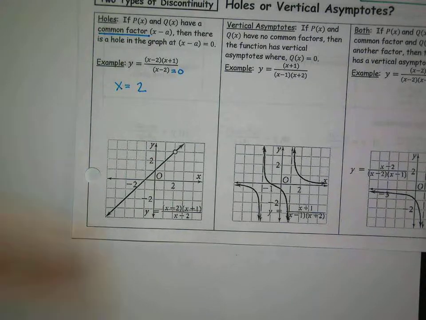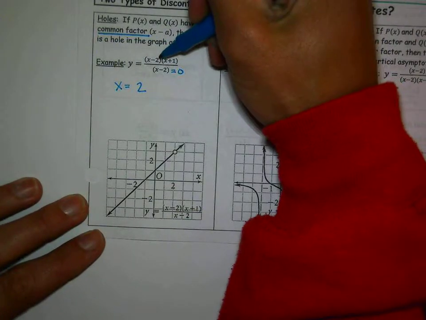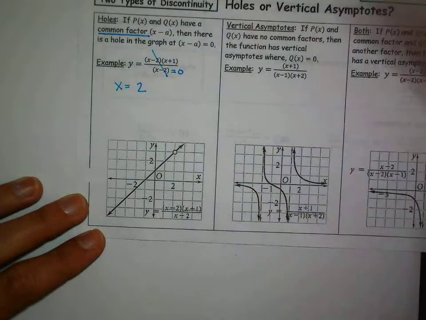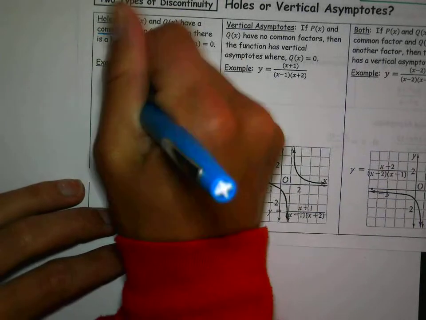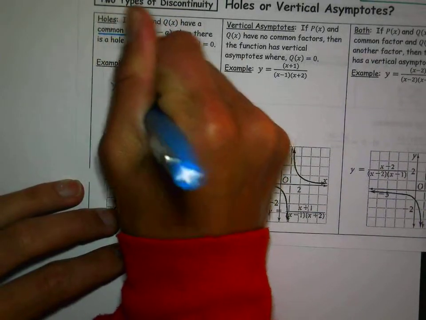So I'm going to look at the top and the bottom. Is there the same exact thing, same sign, same number on the top and the bottom? You see, x minus 2, x minus 2? It's the same thing. So if it's on the top and the bottom, it's a hole. So x equals 2 is a hole.